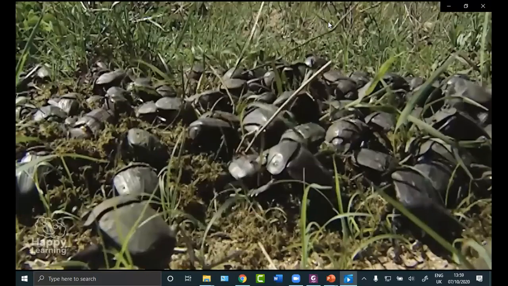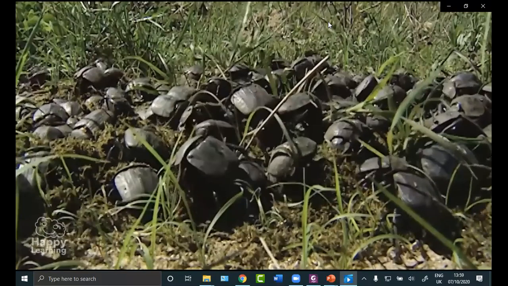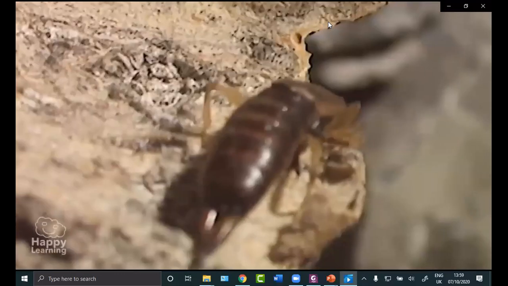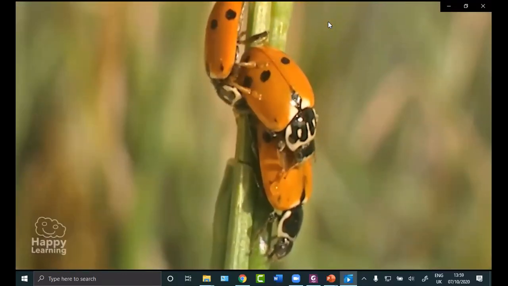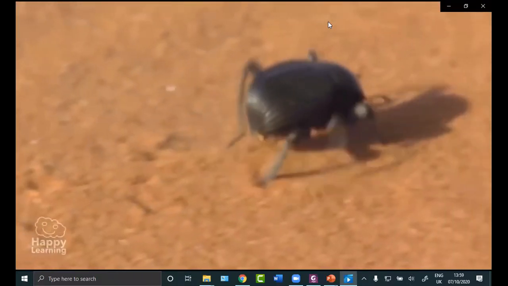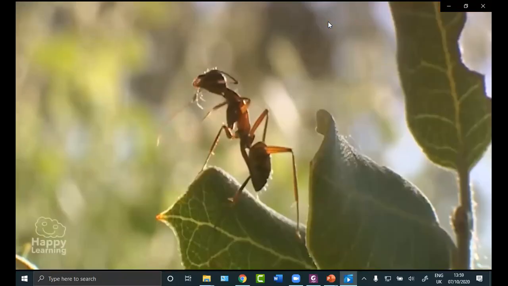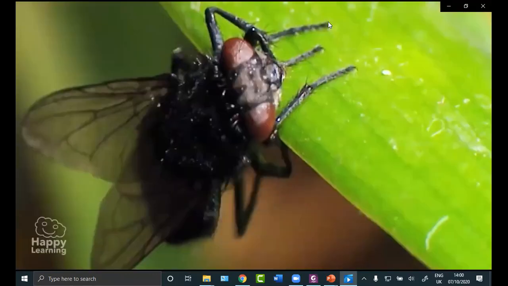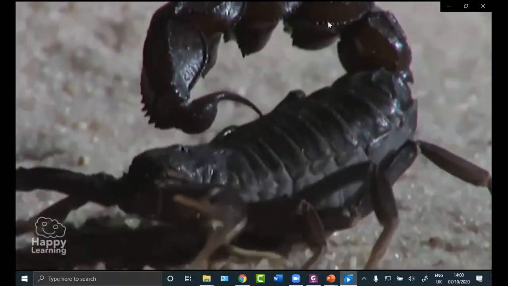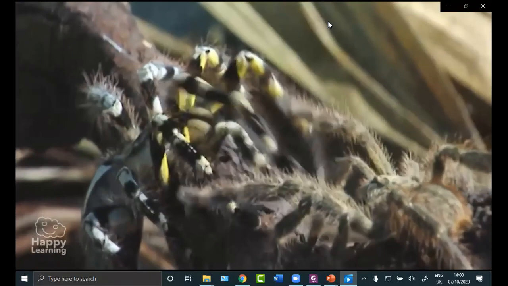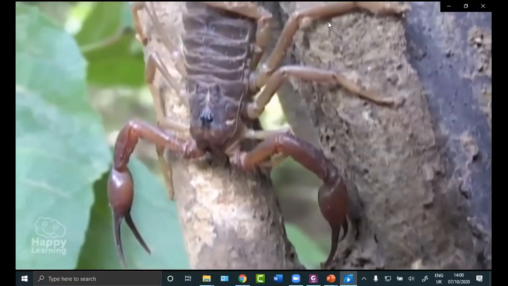The most common way to classify the arthropods is by the number of legs they have. This way we can classify them in 4 big groups. Arthropods with 6 legs. In this group, insects like ants and flies are present. Arthropods with 8 legs, where for example the arachnids like spiders and scorpions are.